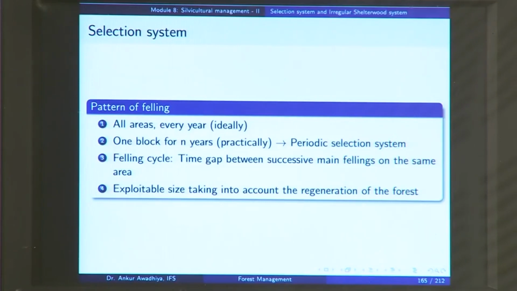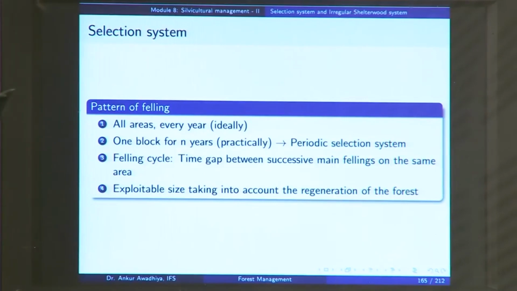So, you will say that okay, I will visit the first block in years 1, 2 and 3. Then in the years 4, 5 and 6 I will only visit block 2. In the years 7, 8 and 9 I will visit block 3. In years 10, 11 and 12 I will visit block 4, and then in the years 13, 14, 15 I will again come back to the first block. So, this is a periodic selection system, which is a modification of the ideal selection system.